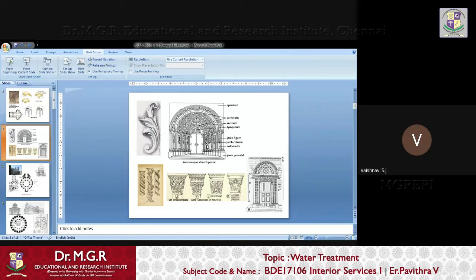I'll show you the next ones; there are still a lot of slides coming, I'll show it there. So what is this? It's actually given as Romanesque church portal. So how has this been emphasized? What is this portion called?